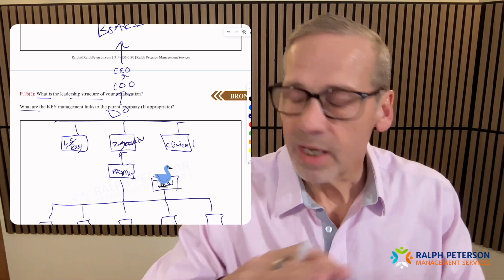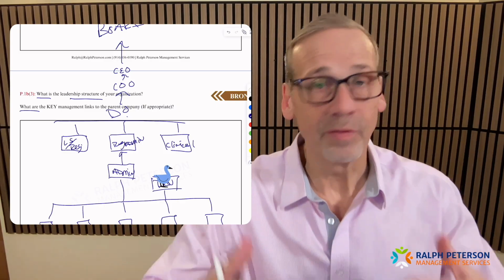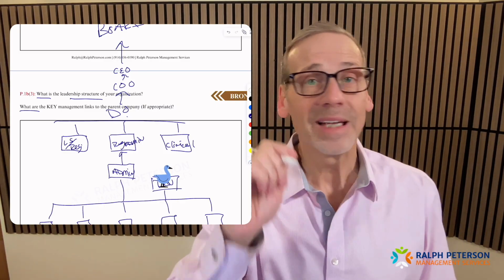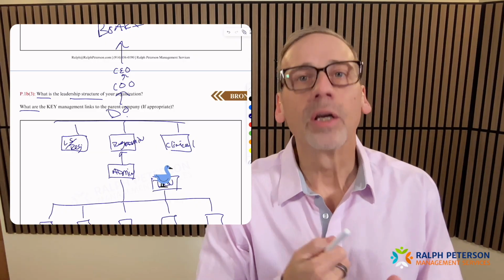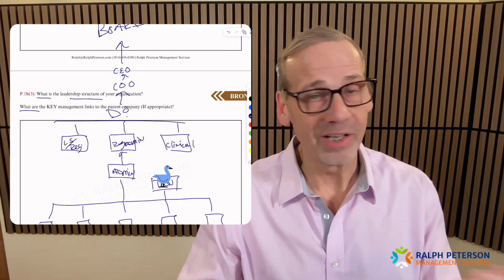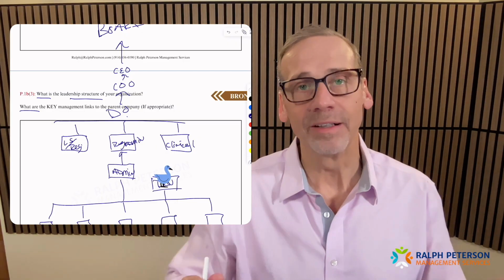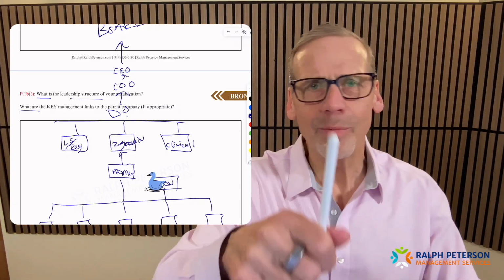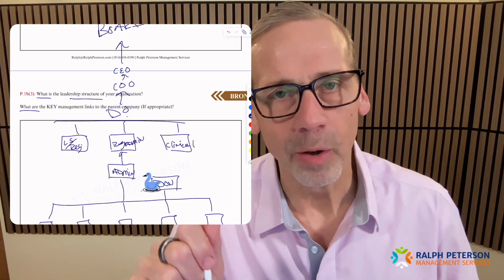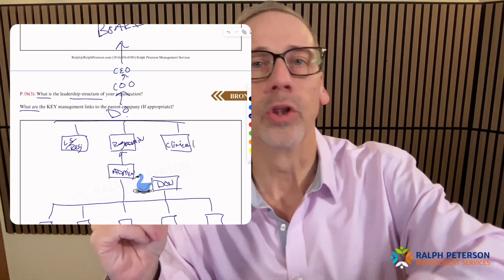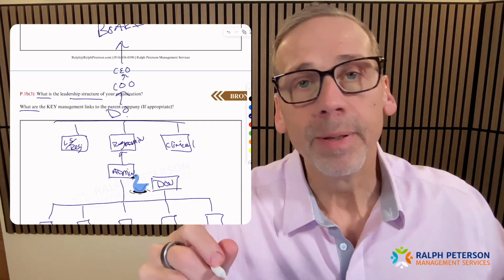Let me say this. If there is no parent organization, if you're a standalone, you would just simply say, we do not have a parent organization. I would totally accept that all day as an examiner. However, if you are owned or managed by a parent organization, I probably would have already learned that in P1A1.